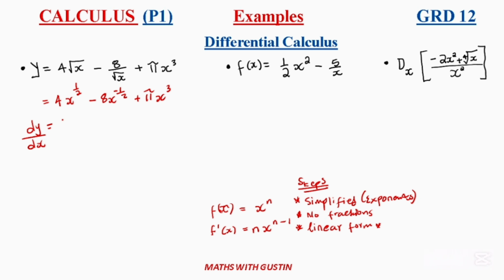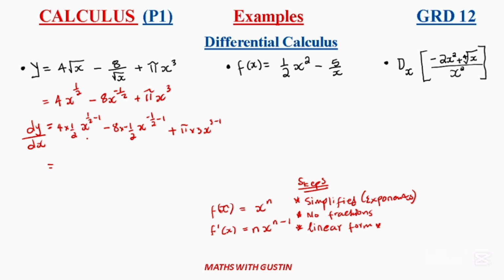So here, what are you going to do? You're going to drop the n there, which is half in this case, and then you're going to minus 1 from the n: 1 over 2 minus 1. Same thing with the 8, it needs to be multiplied. You drop the half, and then x to the power of 1 over 2 minus 1, plus you've got pi there. Pi will multiply by this 3 here, and then x to the power of 3 minus 1.